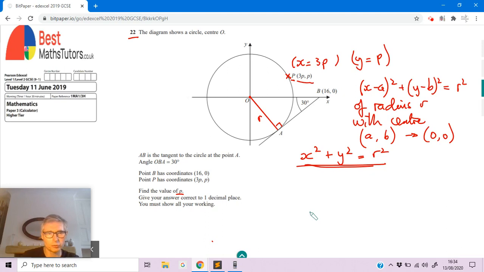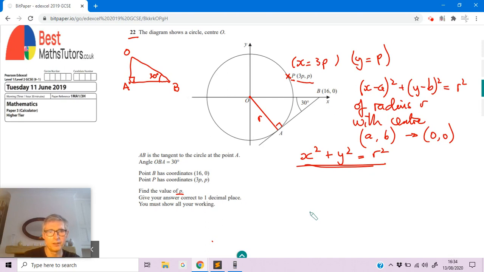I'm just going to draw it again up here, this right angle triangle that we've got, which is formed by O, A, and the point B. There's our right angle, and this is our 30 degrees. We do know something about this triangle.